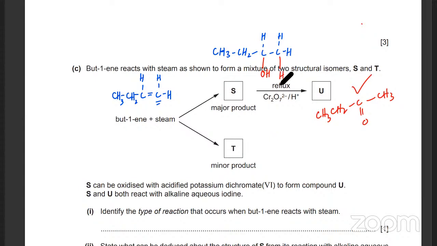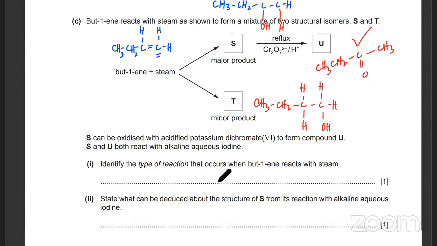And this other one is just the other way around. So it's going to be CH3 and CH2, and the OH will be at the end and the H will be over here. So it's going to form a primary alcohol. So identify the type of reaction.